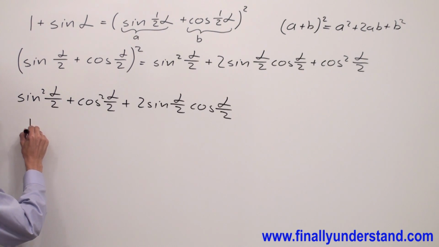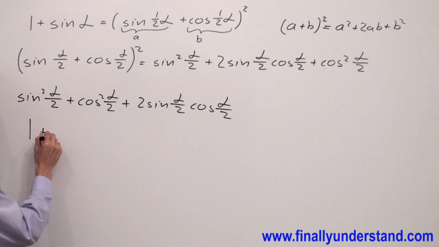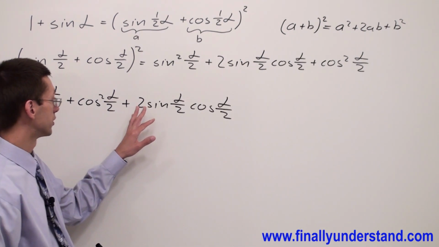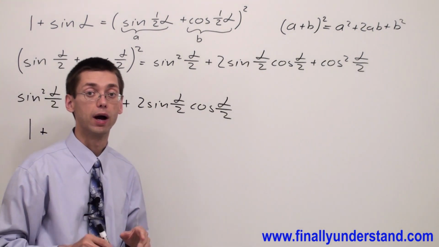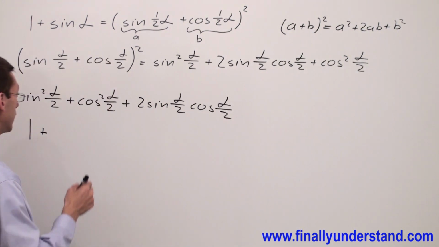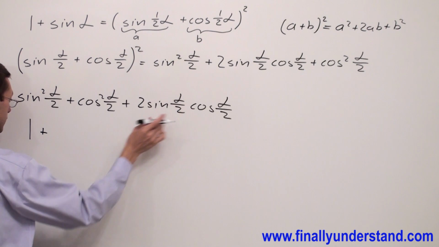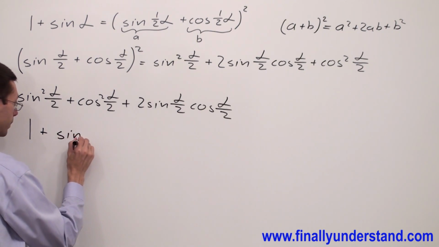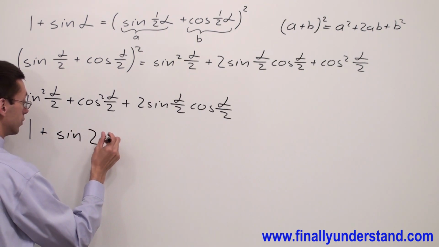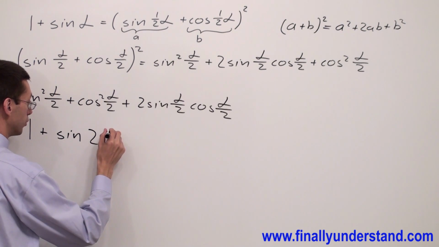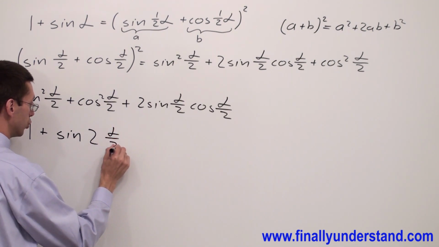That's why I'm going to write 1 over here. Plus, this is the sine of twice an angle. That's why I'm supposed to rewrite this as sine of 2 times the angle, which is alpha over 2.